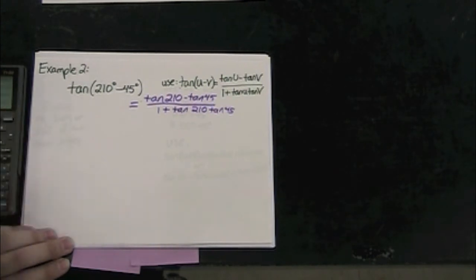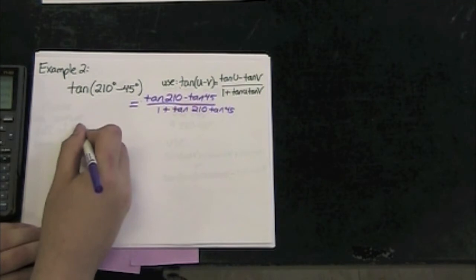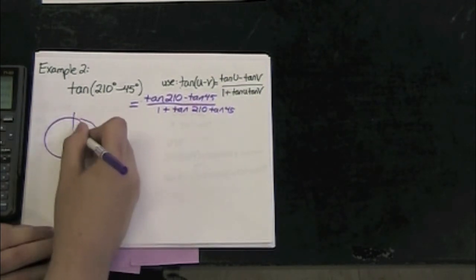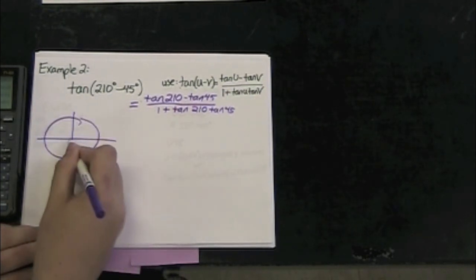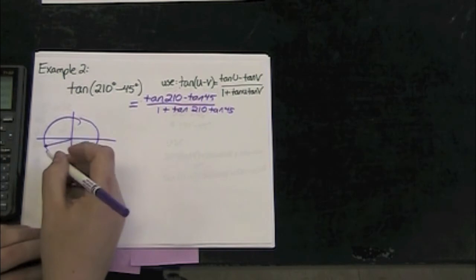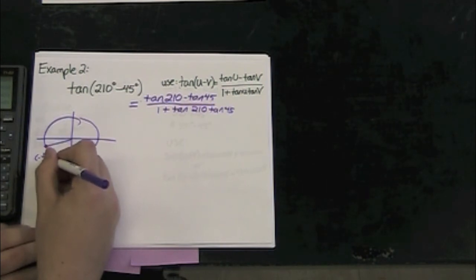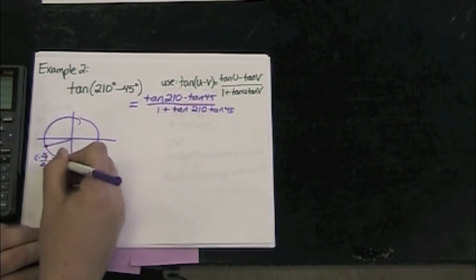Okay? When I begin to plug values in, tan of 210, if I want to think about this as a unit circle, 210 is 30 degrees below my negative y-axis and is going to have the points negative square root of 3 over 2, comma 1/2.